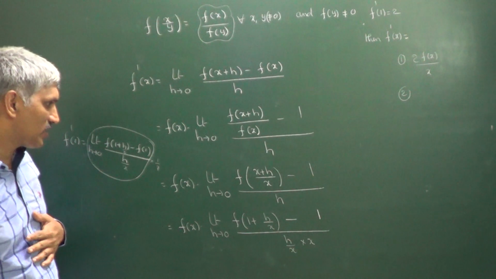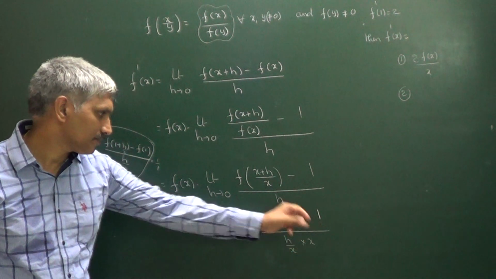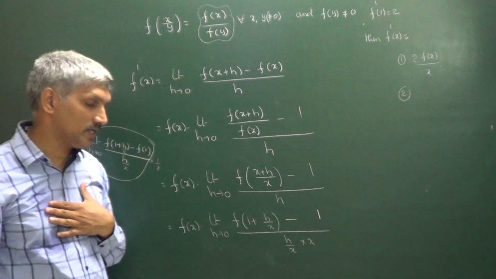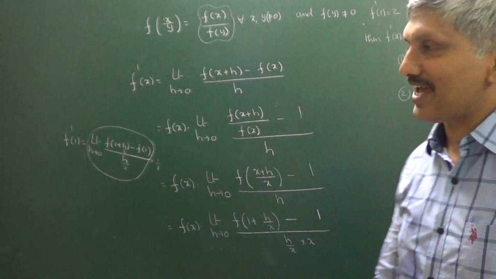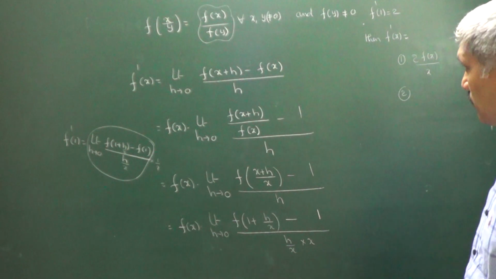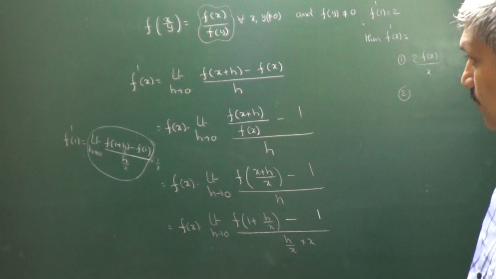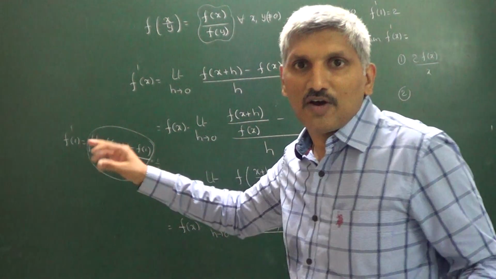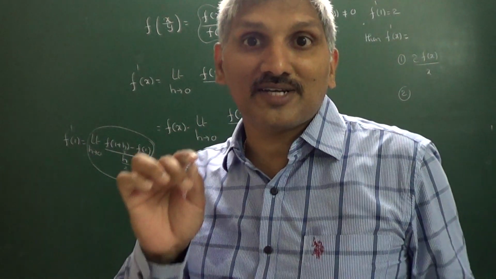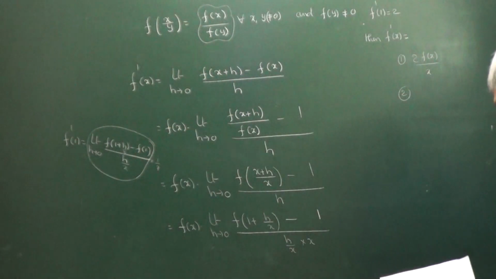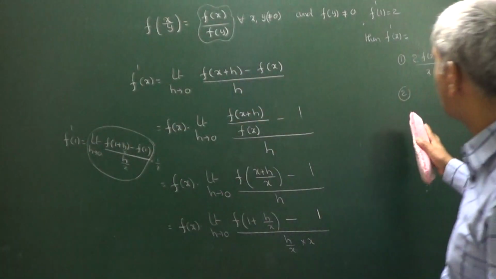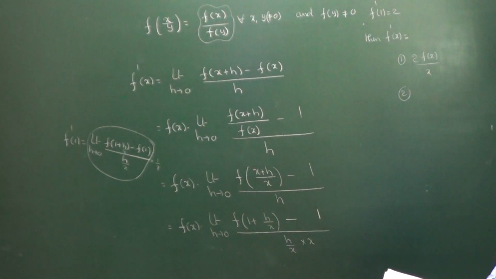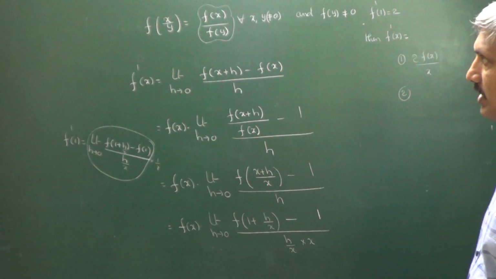That means what is our target? This 1, we have to get as f of 1. How to get f of 1 is equal to 1? So again come back to our original data. We have to get the f of 1 value.